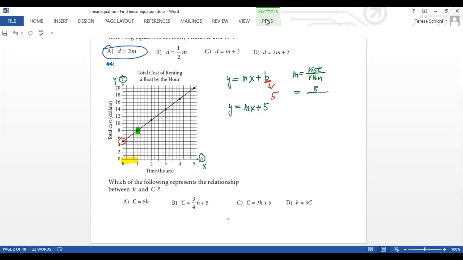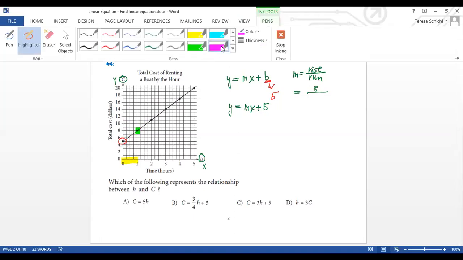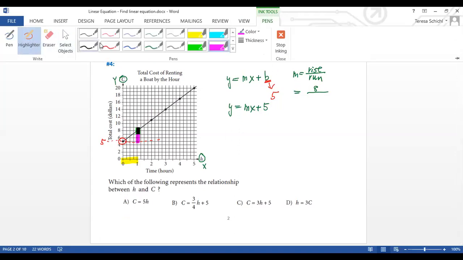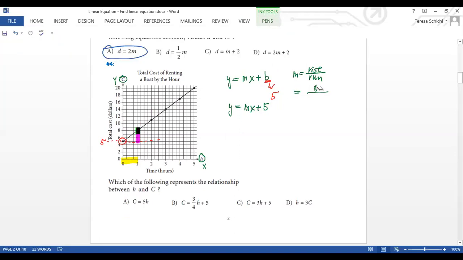Oh, great. Okay, good. So the rise, because you start out here, right? You start out at the 5. Now you rise to the 8. So your rise really is here. That's why, if we are not careful, we will make a mistake.